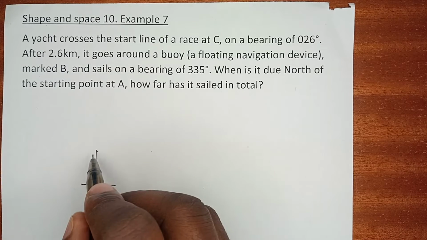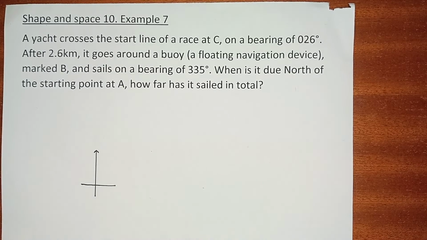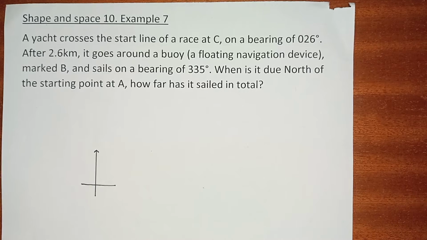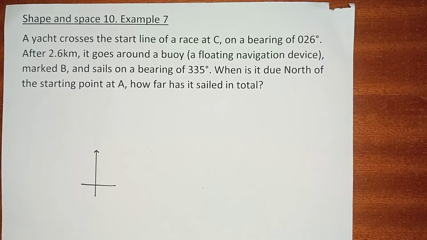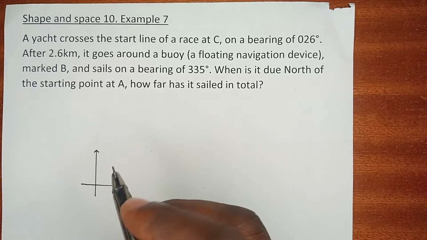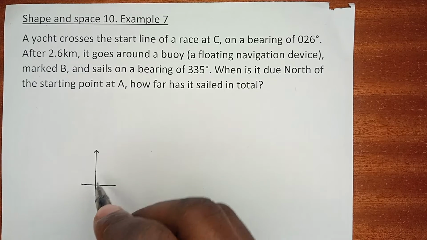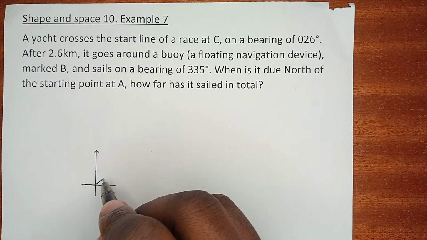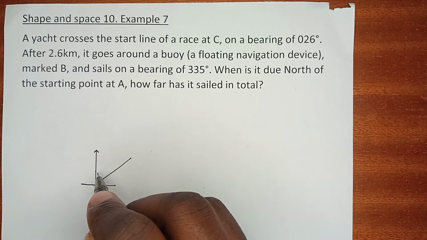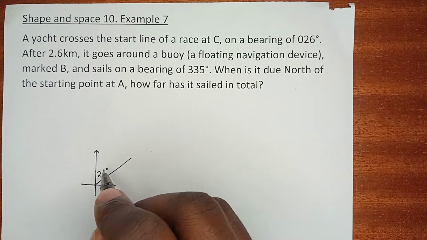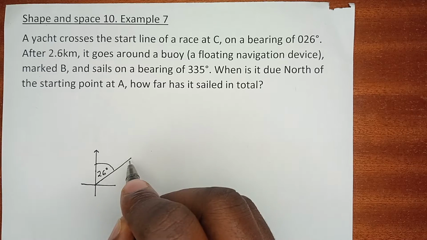So we are told that a yacht crosses the start line of a race at sea on a bearing of 26 degrees. We don't have to just measure it, but we know this is 26 degrees from the true north.